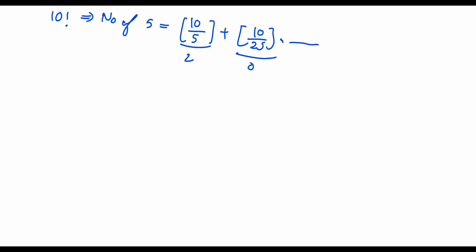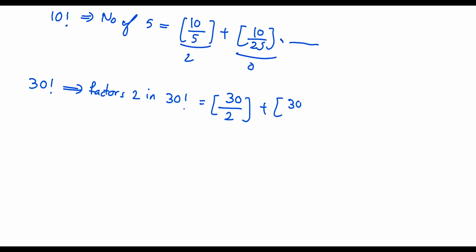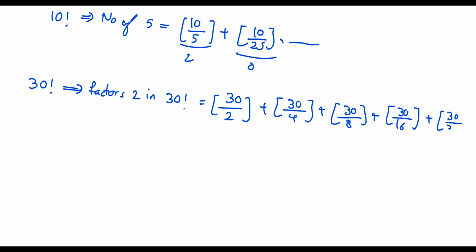For example, in the example I just mentioned, 30 factorial, we want to know how many factors of 2 are in this number. We have 30 over 2, 30 over 4, 30 over 8, 30 over 16, 30 over 32, and this is 0, and other terms will be 0.